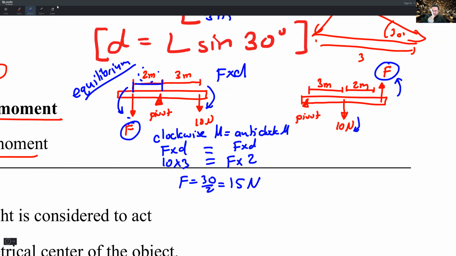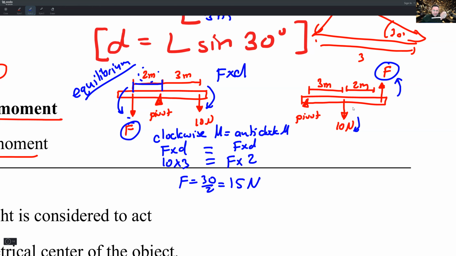Take a pencil or a pen, put it on top of the diagram where the beam or the bar is, and hold it where the pivot is. I'm holding it on the left side, just like the pivot is on the left side. And then, with your other finger, try applying a force in the same directions shown.